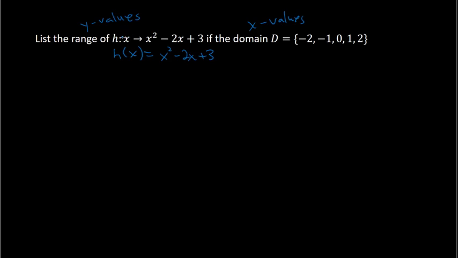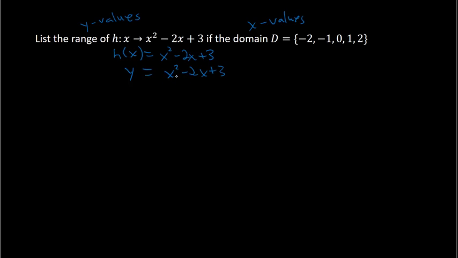In this case, instead of y it is h, but it's the same concept. By the way, I can think of this as y equals x squared minus 2x plus 3. This is all really the same thing. Function notation is really another way of writing y equals something.